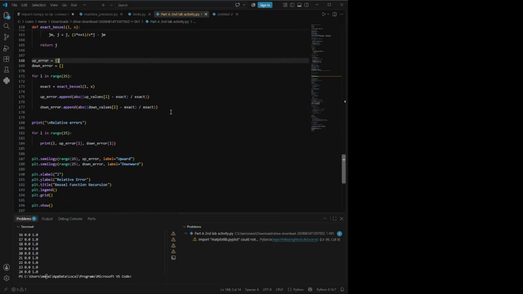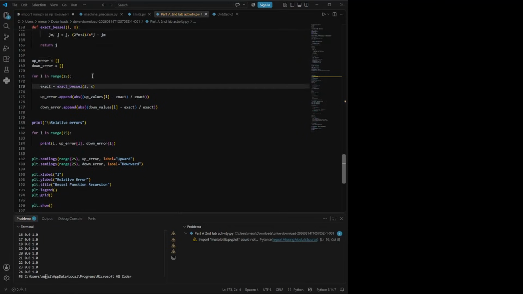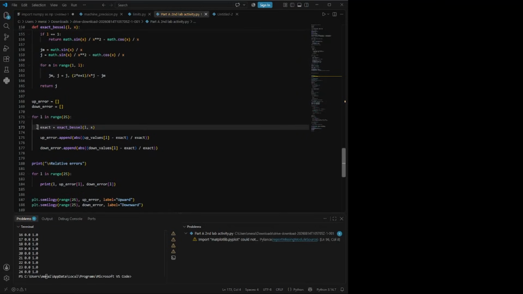Now for L in range 25, then my exact Bessel upward error uses the absolute value of the reference value, which is up values, and then my down values.